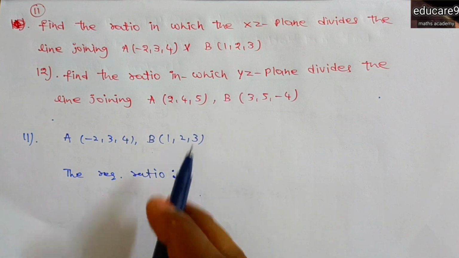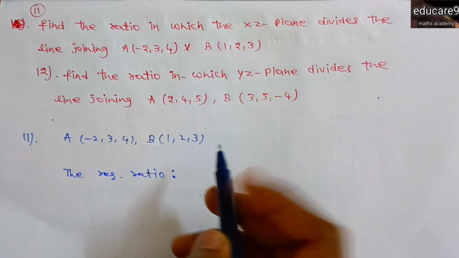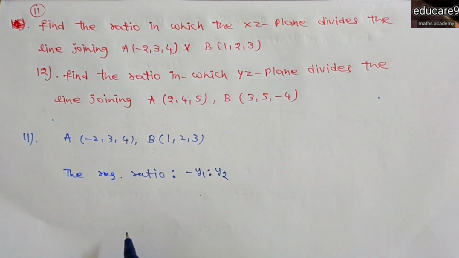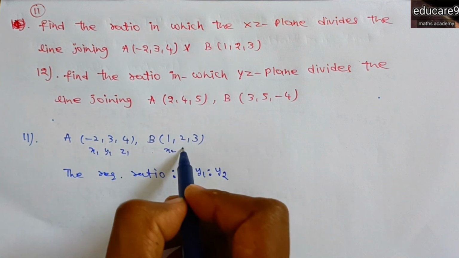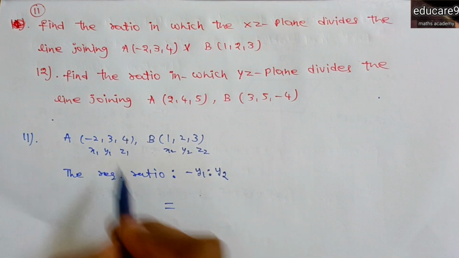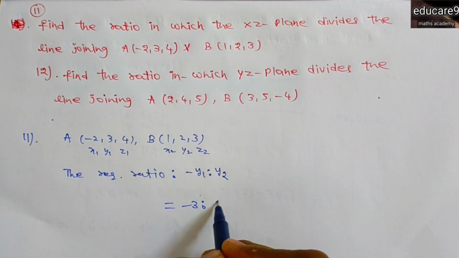Here, which axis is missing? Y is missing. So the formula is minus y1 is to y2, where this is (x1, y1, z1) and this is (x2, y2, z2). Now what is the answer? Minus y1, that is minus 3, is to y2, 2.